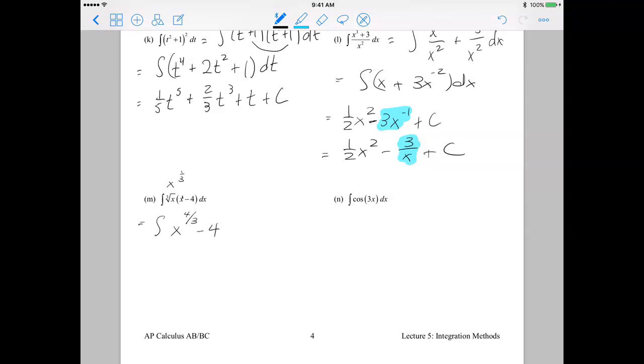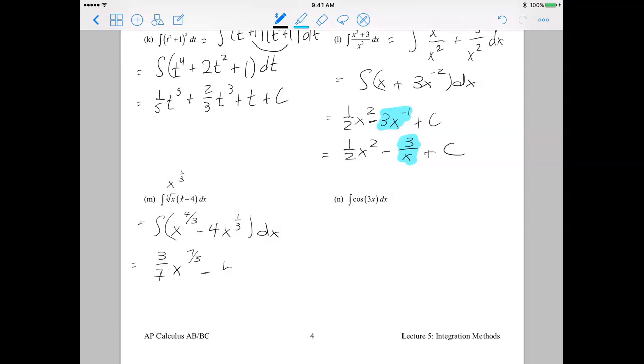And then minus 4x to the 1/3 dx. Now I'm ready to use the power rule, so this is going to be x to the 4/3 plus 1, which is really 7/3, divided by 7/3, which is the same thing as times 3 over 7.